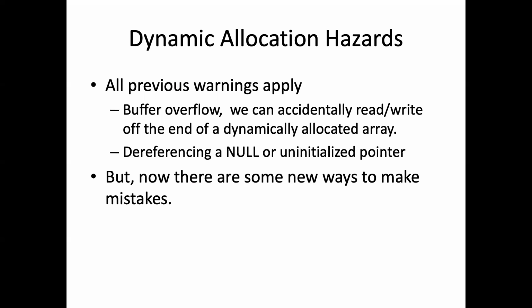If you accidentally use an uninitialized pointer, then you're asking your program to access who knows what location in memory, and that could crash your program. So all of the hazards we normally think about with using pointers, we'll need to keep those in mind when we're using dynamically allocated memory.